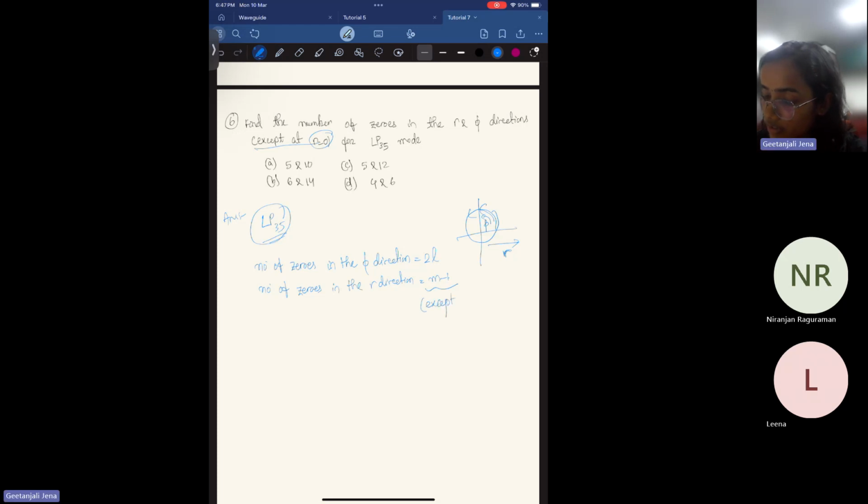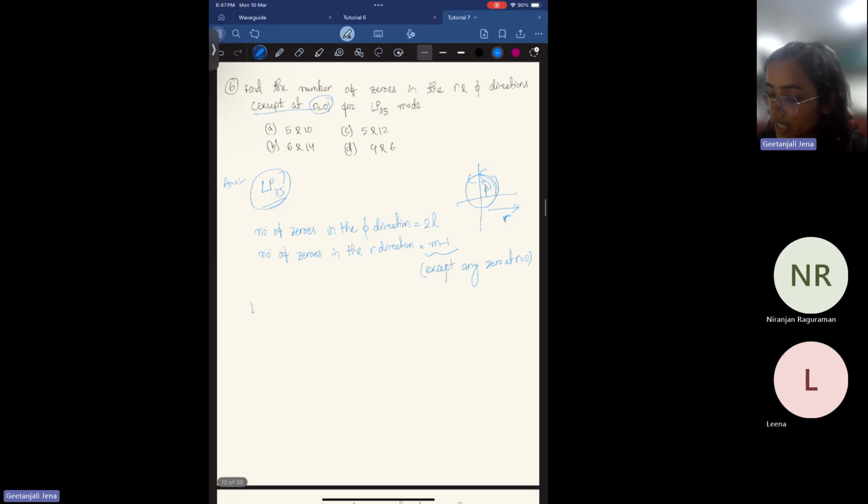This already doesn't include the r equal to 0 point. So for LP35, we have L equal to 3 and M equal to 5. So the number of zeros in the phi direction is 2 times L, which is 2 times 3, which is 6.